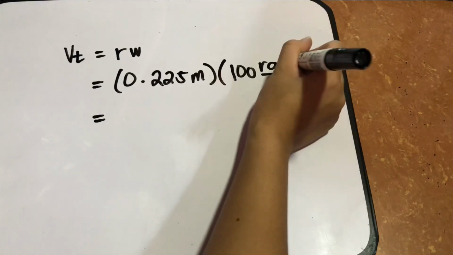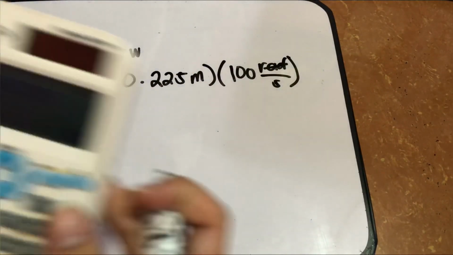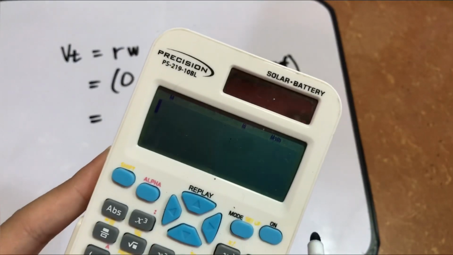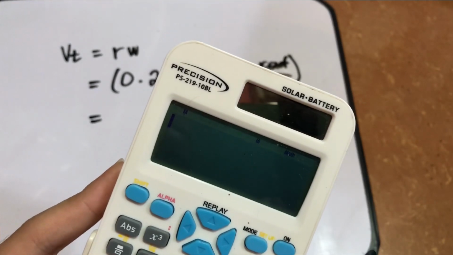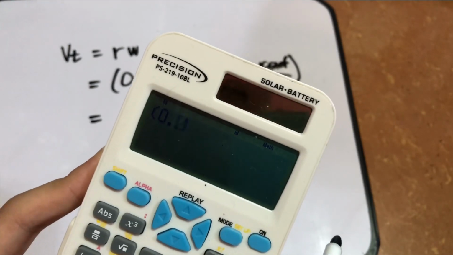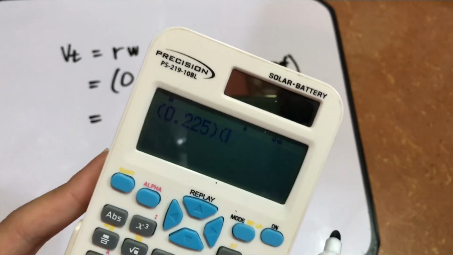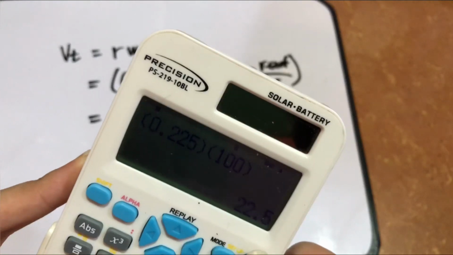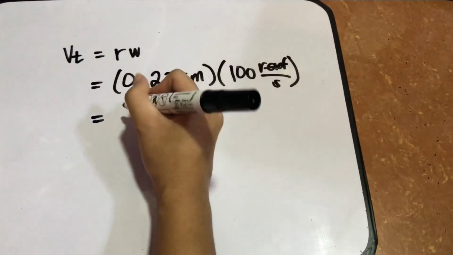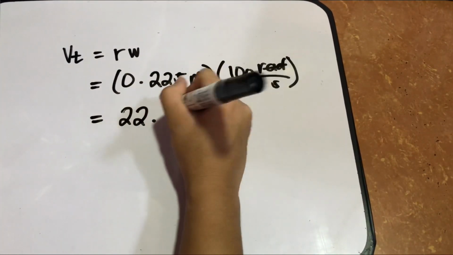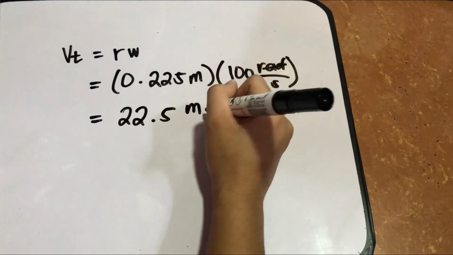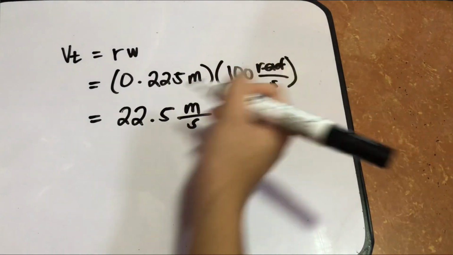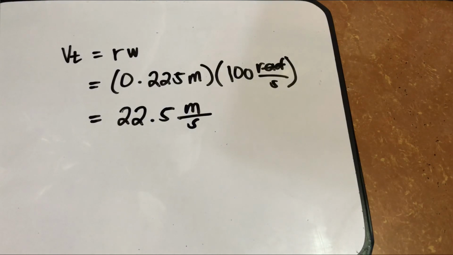So kay mawala na ni siya. 0.225 times 100 is equals to 22.5 meter per second. So mao na siya ang tangential speed sa outer edge sa car's wheel.